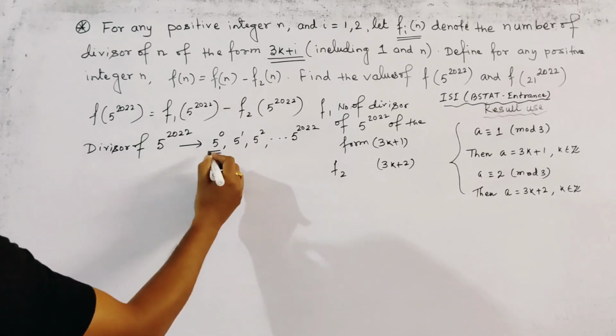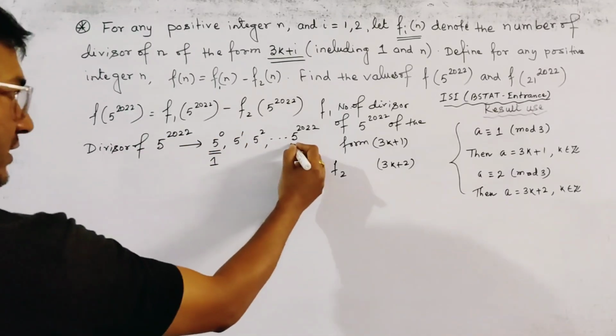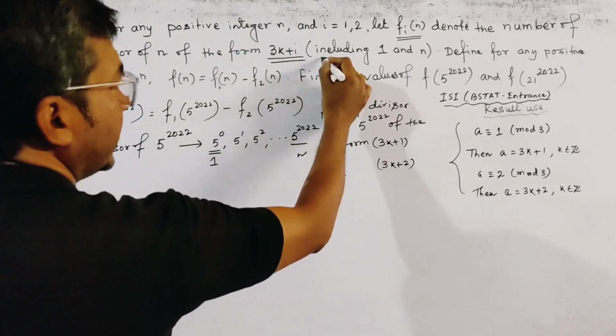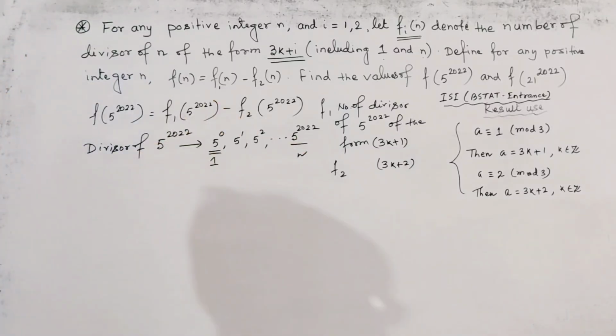From 5 to the power 0 we get 1, and this is n, the total number, and it is said that we include 1 and n, so we have to test these two numbers also.